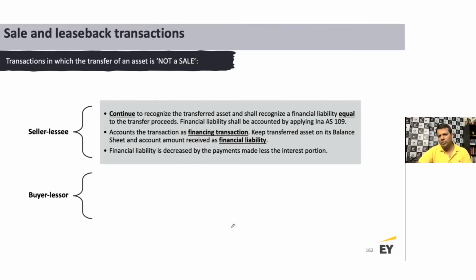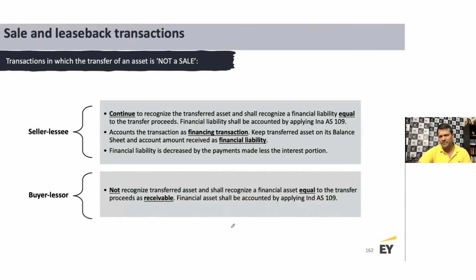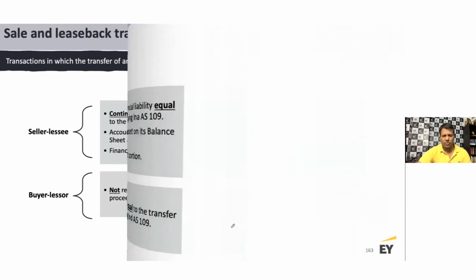You will record, of course, the interest cost, and you will continue to record the amortization or depreciation on the original asset. From a buyer lessor perspective, you will record that as a loan which I have given, a financial asset equal to the transfer proceeds as receivable. Financial assets will be accounted for under Ind AS 109.